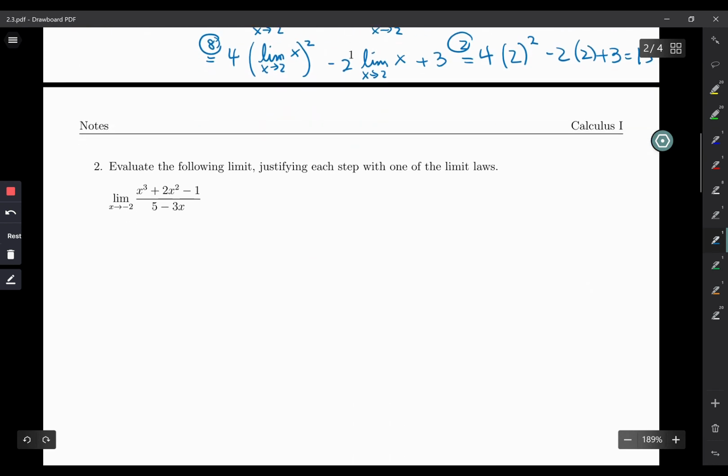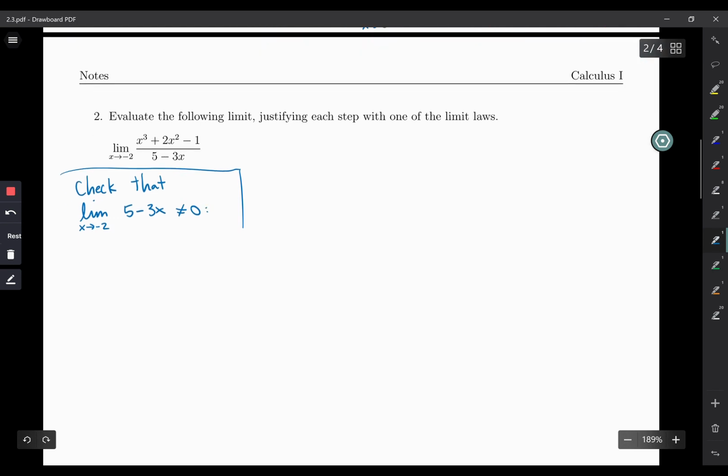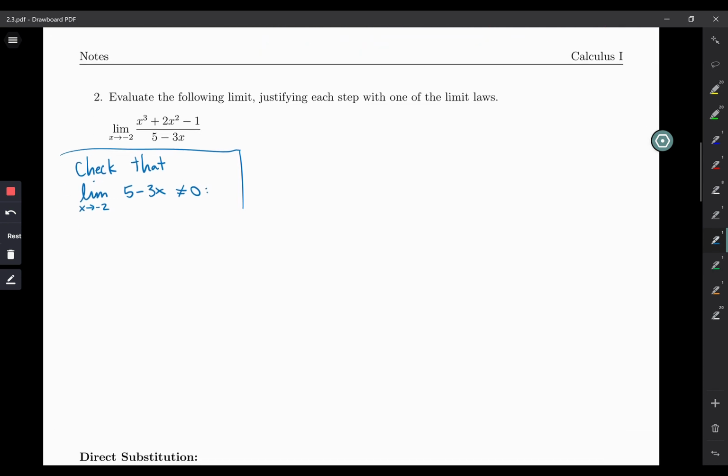So first we check that the limit as x goes to minus 2 of the denominator, 5 minus 3x, does not equal 0. We're going to do this off to the side before we start doing any calculations.